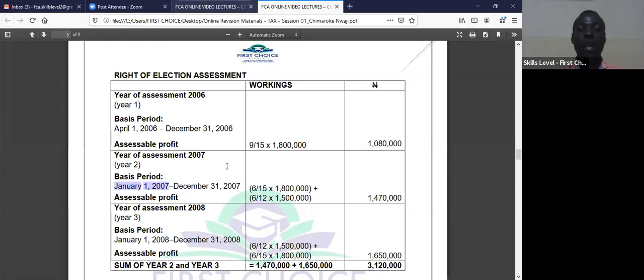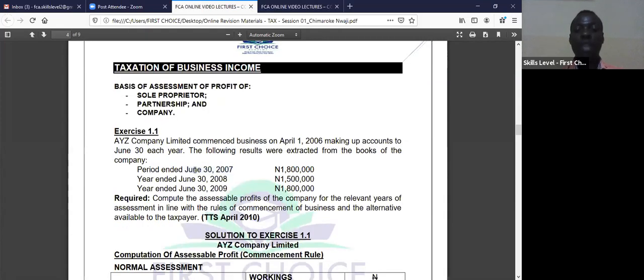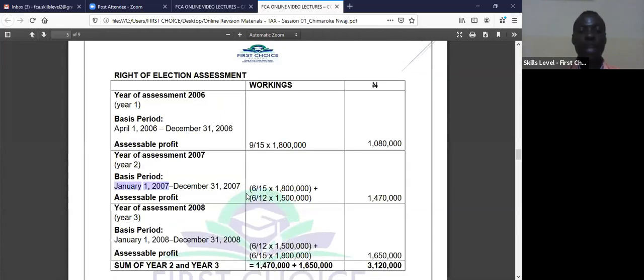Here we have June 30, 2007, which means January must be inside here. From January to June is 6 months, so we take 6 months out of this account. That is what I did here: 6 months out of the 15 months account.